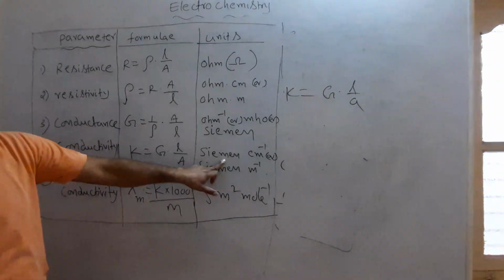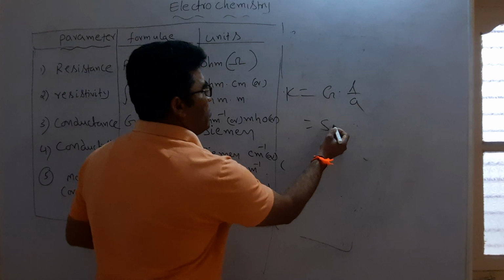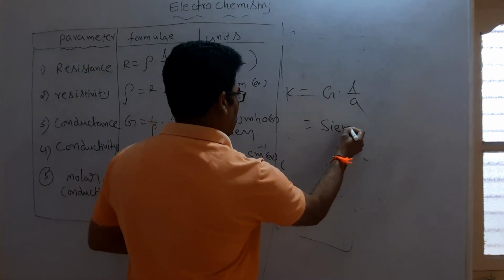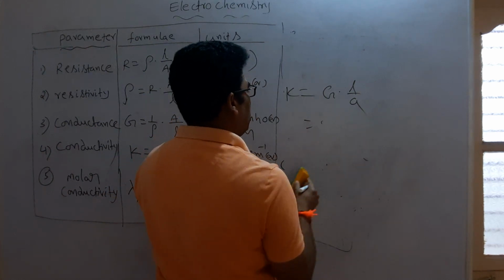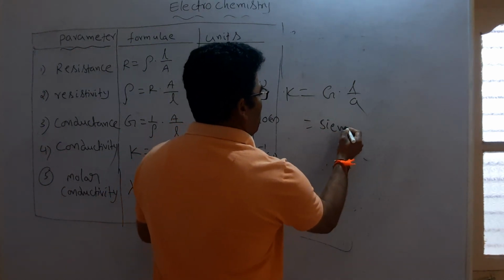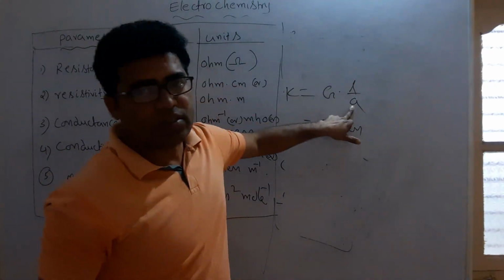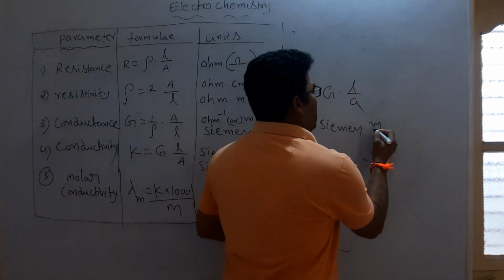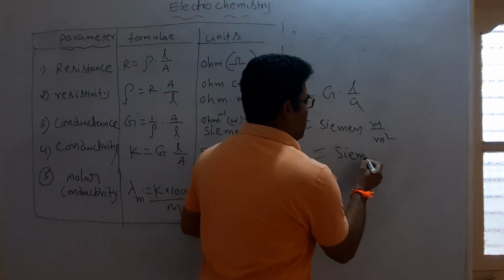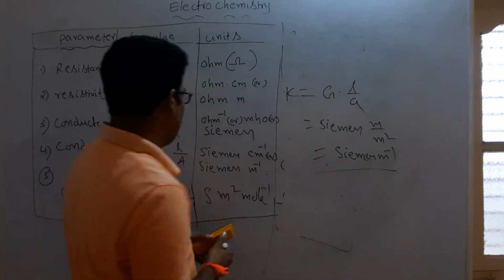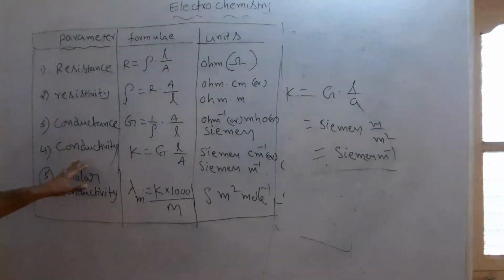What is the unit for conductance? Siemens. Now L means meter, A means meter square. Meter by meter square. Then what you will get? Siemens meter inverse, or Siemens centimeter inverse. This is the unit for conductivity.